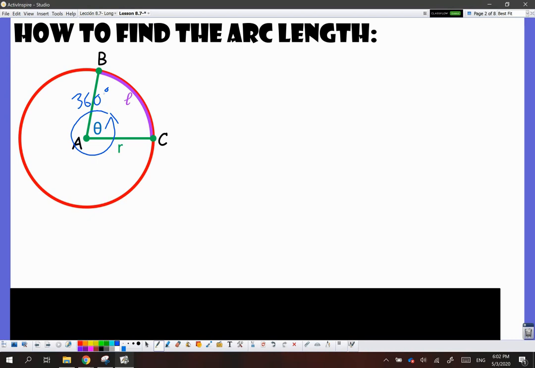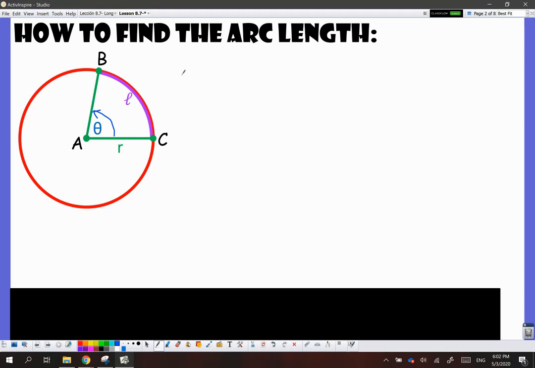I also know that the measure of an arc is the same as the measure of the central angle, and that the measure of the arc is just a piece of the circle.